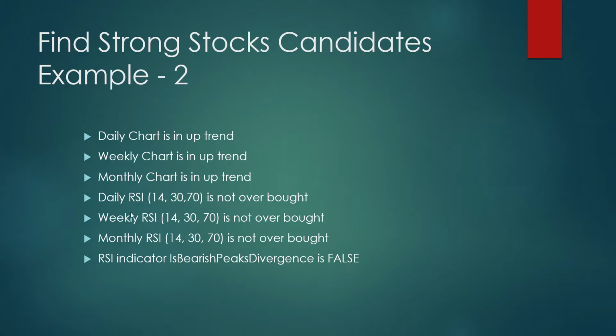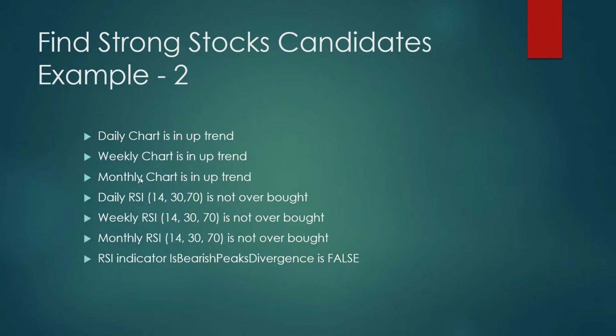Okay, we add another one: the weekly RSI indicator also should not be in overbought status, because if it's already overbought, we think it might be too late for us to place the order. And the last one is that the monthly RSI also should not be overbought.